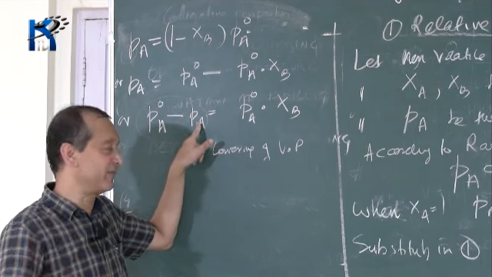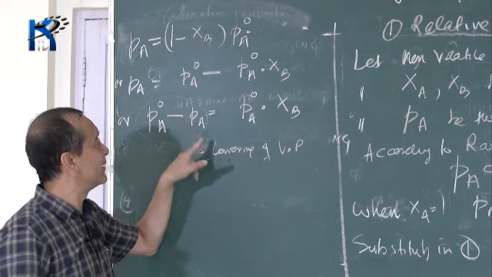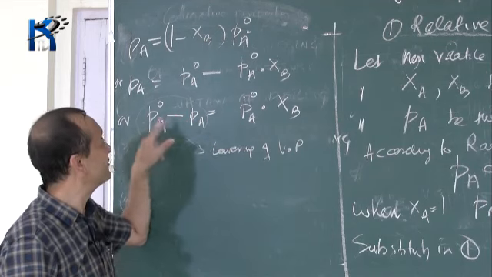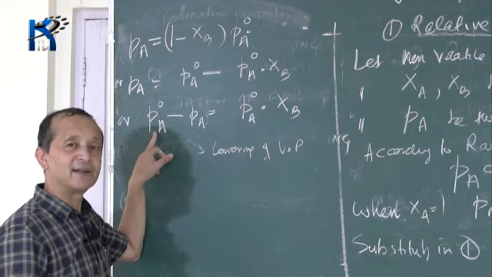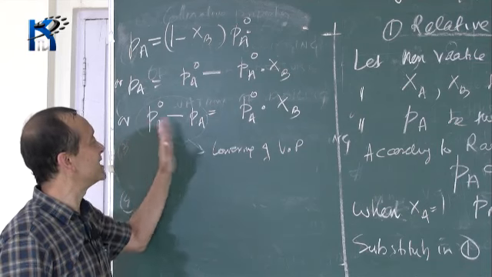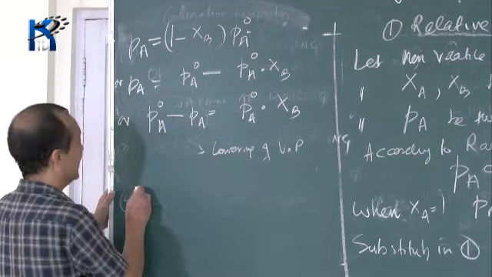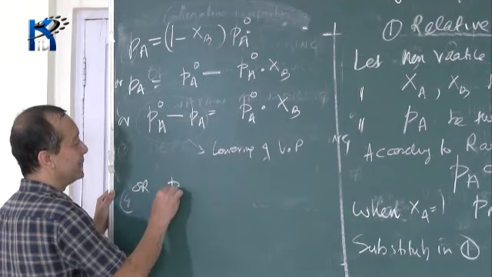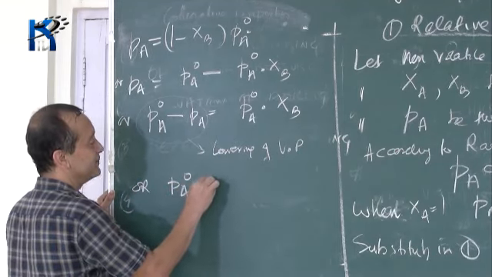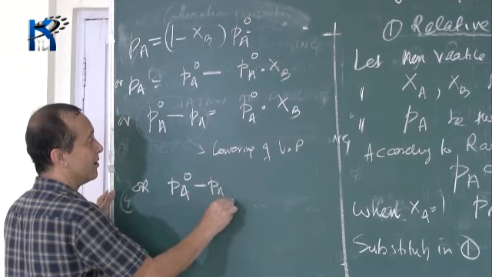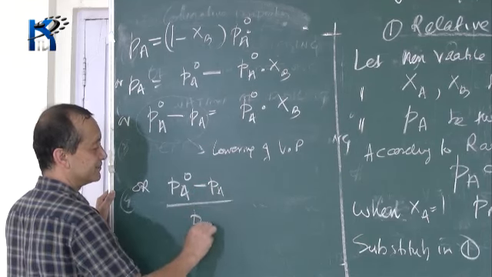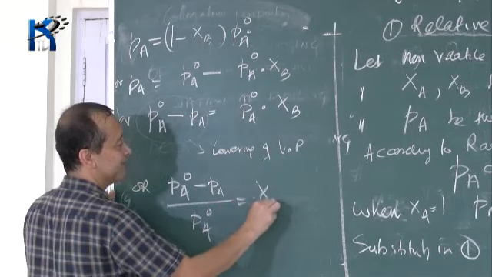We have already shown that the vapor pressure of solution is always less than that of solvent. So PA naught minus PA represents the lowering of vapor pressure. Or we can write PA naught minus PA upon PA naught is equal to XB.